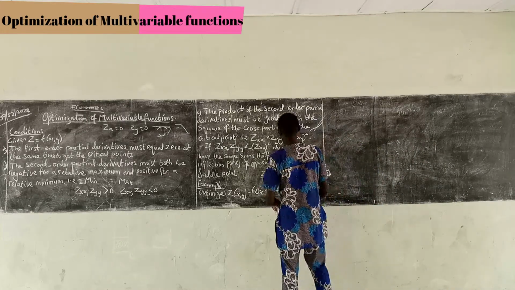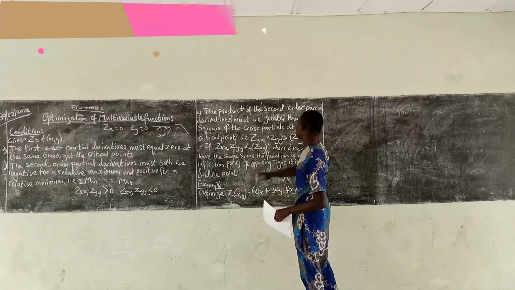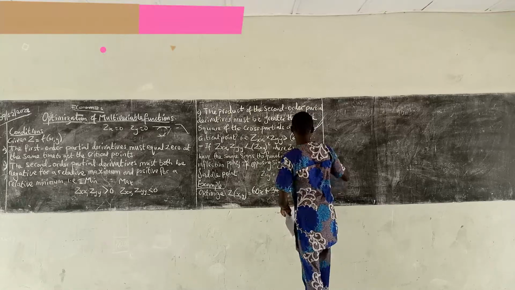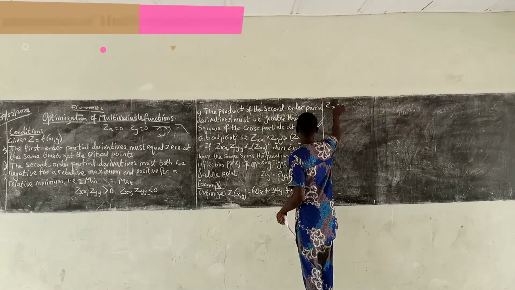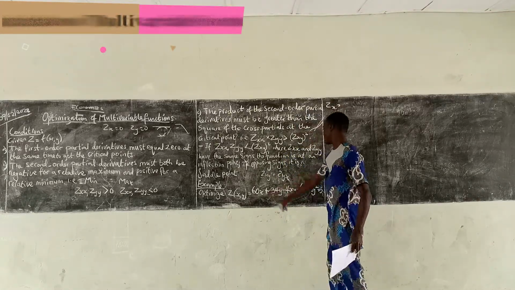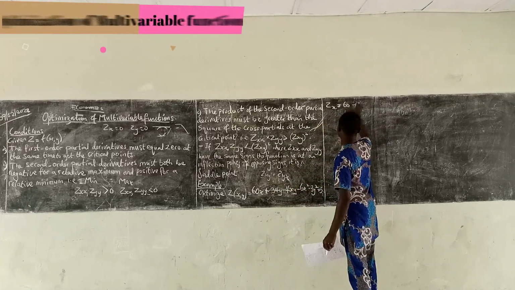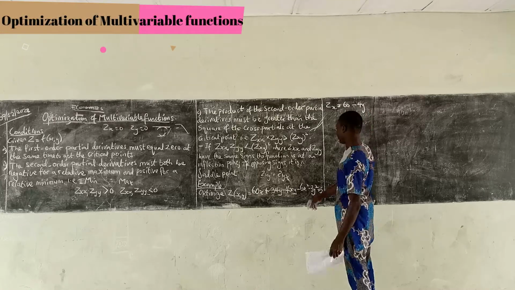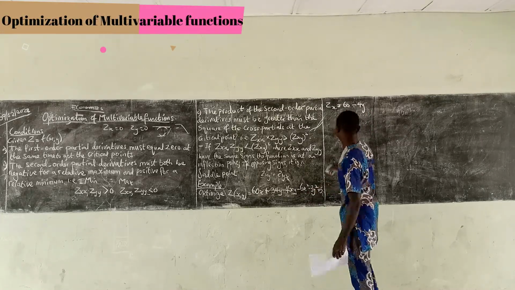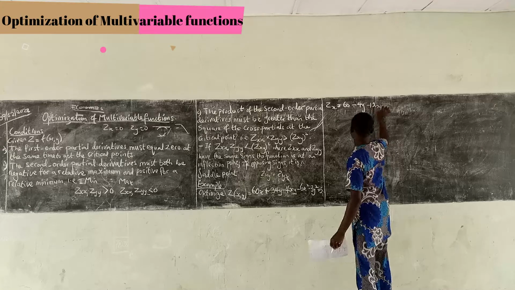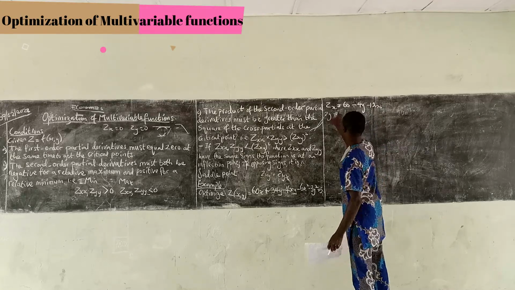So what are we going to do? We need zx to be 0, we need zy to be 0. So that means we need to get zx first. Differentiating with respect to x, this is 60 minus 4y, then where's x again? X is here, minus 12x. So that's zx. How about zy?